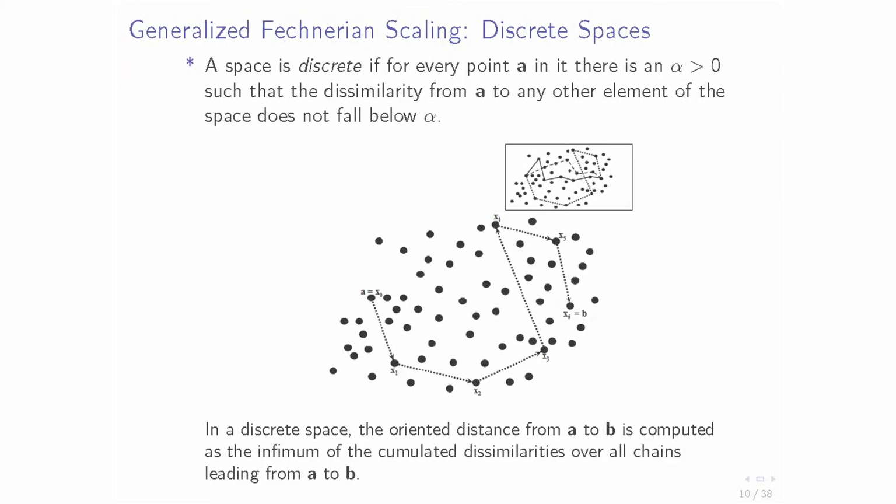So in a discrete space, when we have a stimulus A here and a stimulus B here, we would look at a possible path going from A to B, and the oriented distance from A to B would then be defined as the infimum of the cumulated dissimilarities over all possible chains going from A to B.